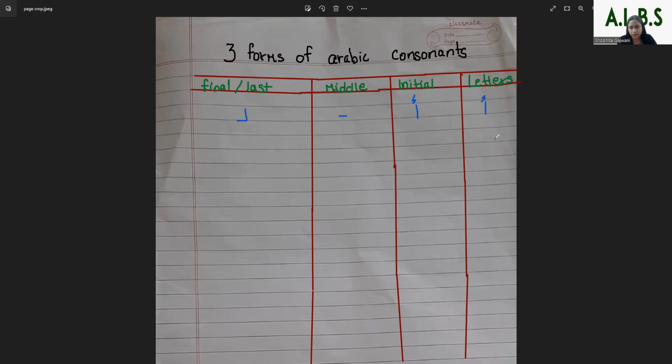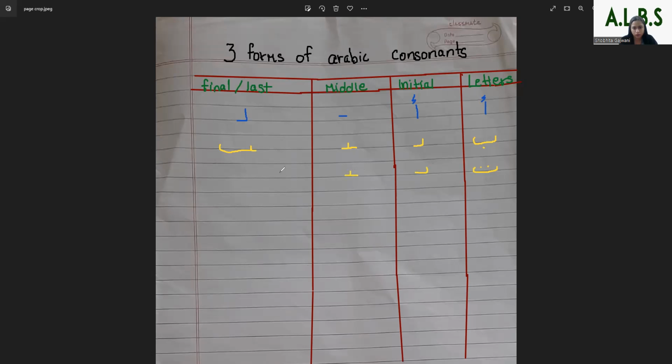Now the next letter is Ba. As Ba is a joining letter, right now I'm just writing its structure, how it forms. Now this is the letter Ta.